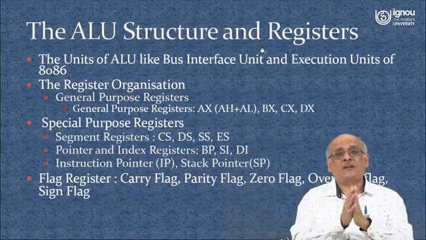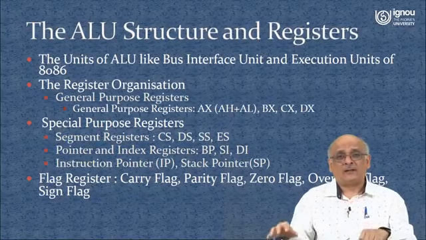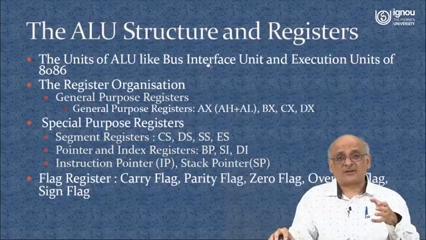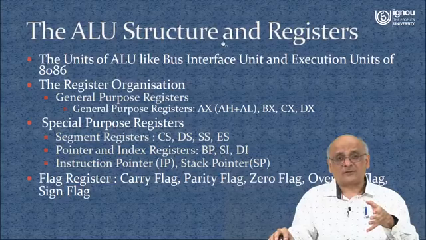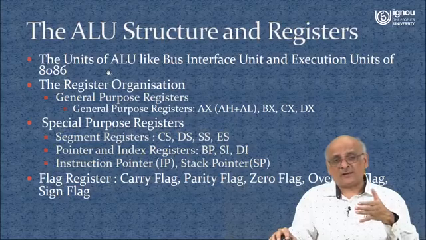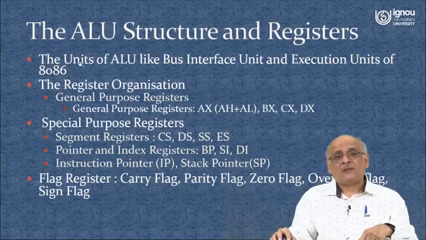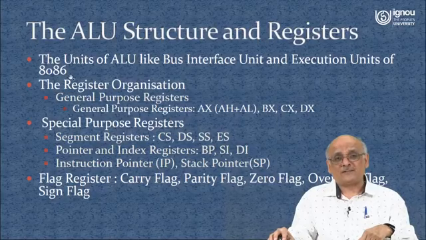So this is what we have talked about as far as the instruction set. But the instruction set cannot execute without the registers and the ALU structure, right? So I just want to bring once again the context of the ALU structure: the units like the bus interface unit and the execution unit of 8086. In fact, that is the whole microprocessor.